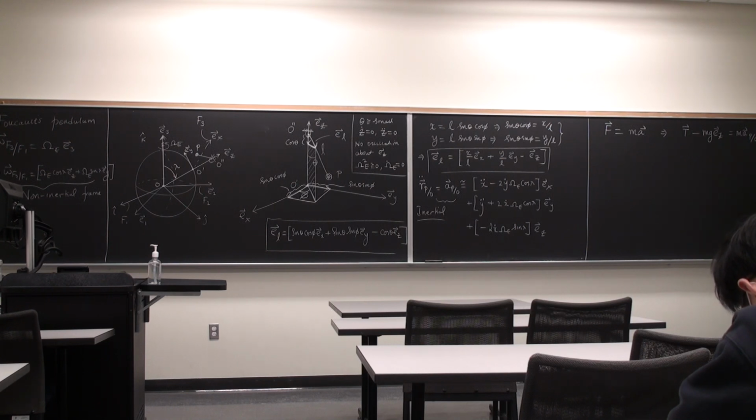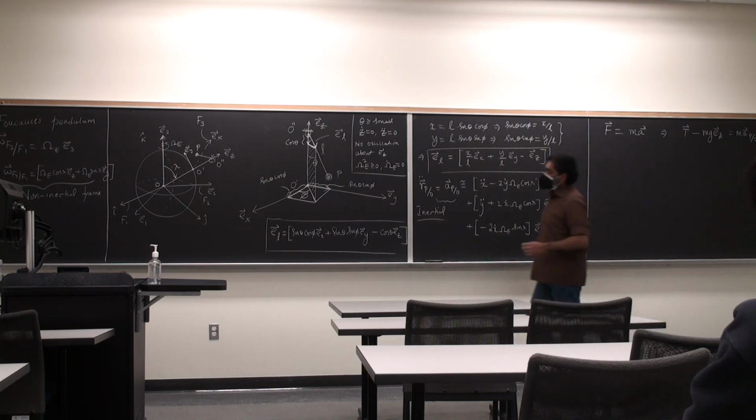Tension. Can you help me write the tension force in terms of the unit vector EL? In terms of the unit vector EL, what is the tension force? Minus T EL. Be careful, right?